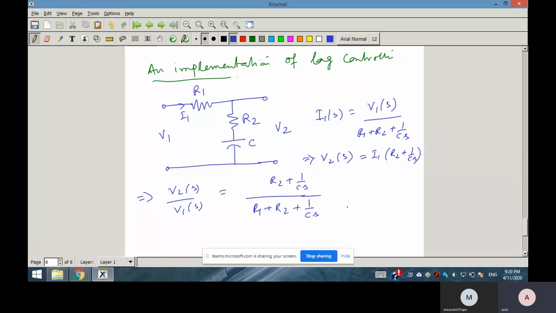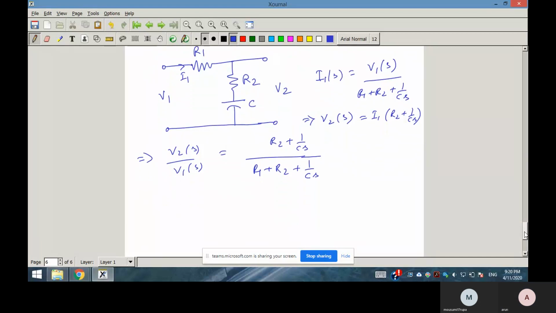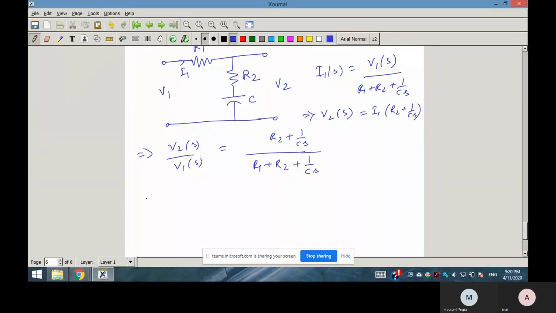This I want to represent like beta into S plus B divided by S plus beta B. So V2S divided by V1S is equal to S R2 C plus 1 divided by S C into R1 plus R2 plus 1.